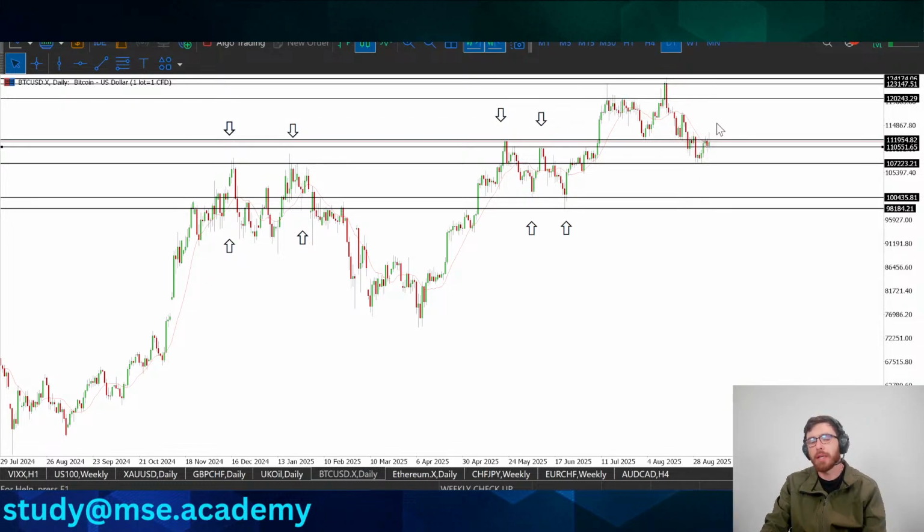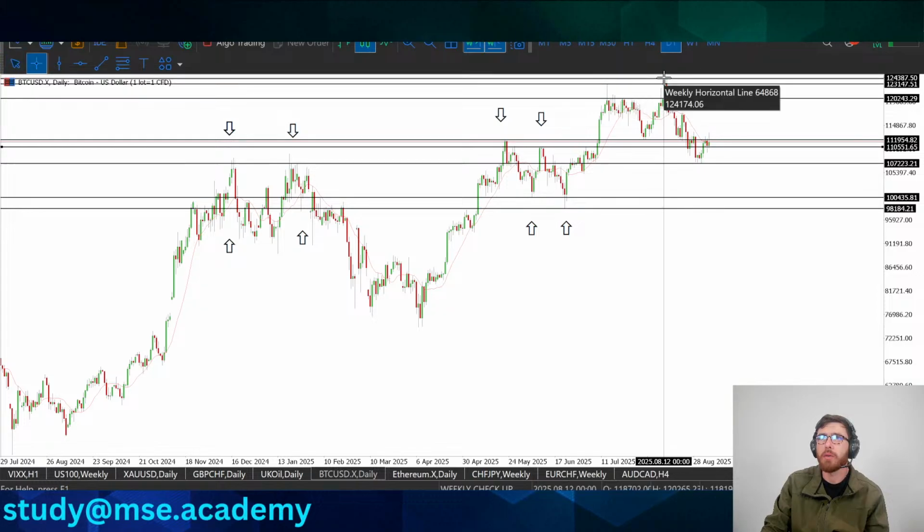So the previous historic high, I'm just going to set that one up. So I'll just call it the previous historic high. We're sitting in the region of 124,387.